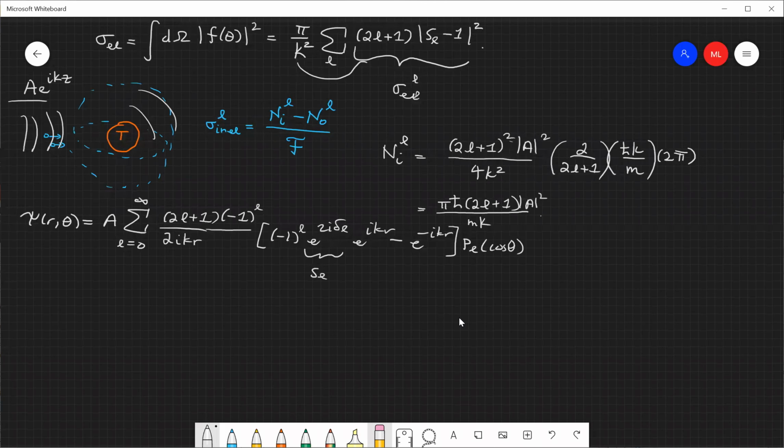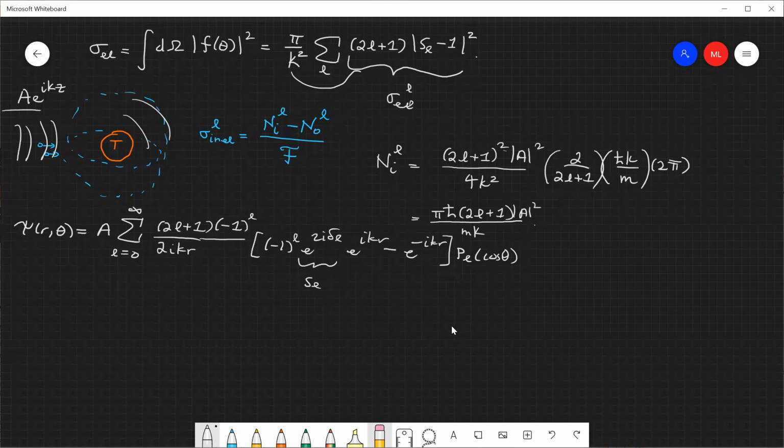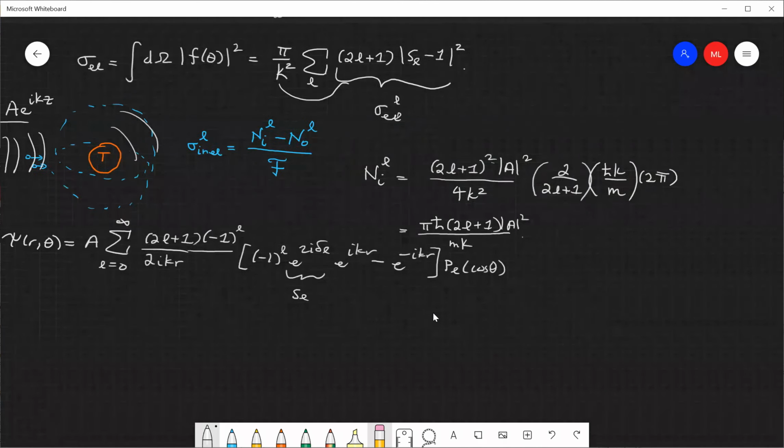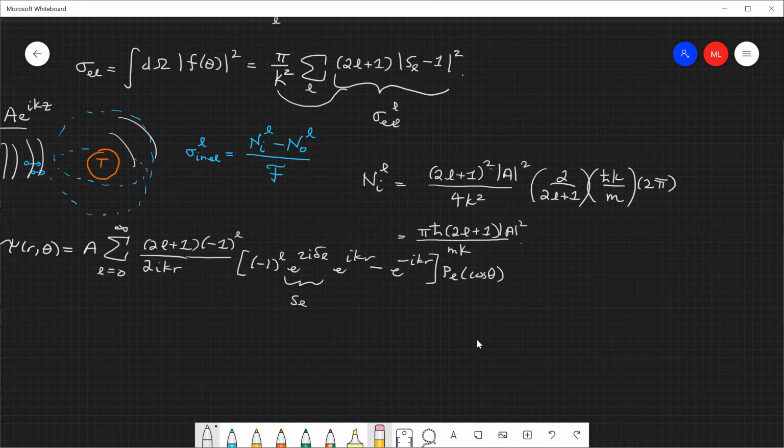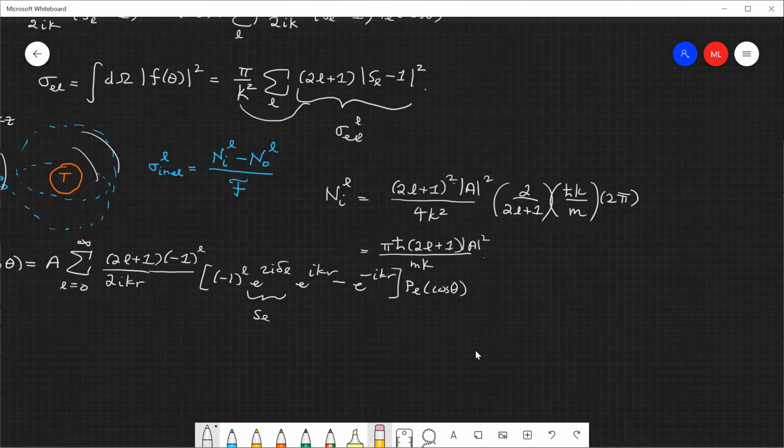You can actually kind of see where the in part is, of course, the square in front of this coefficient, so you can sort of see where some of these factors come from, like the (2l plus 1) squared and the k squared. And you can work out the rest.